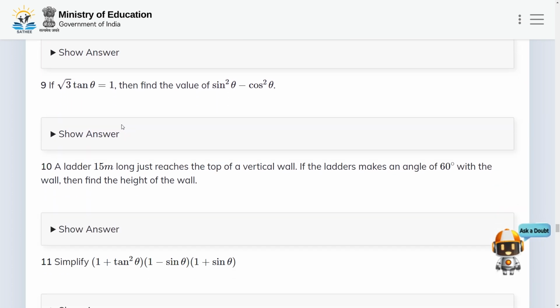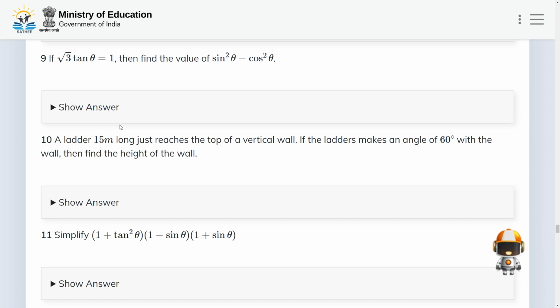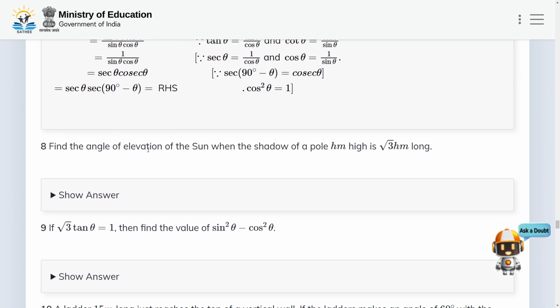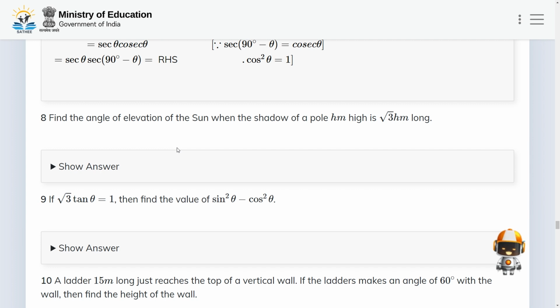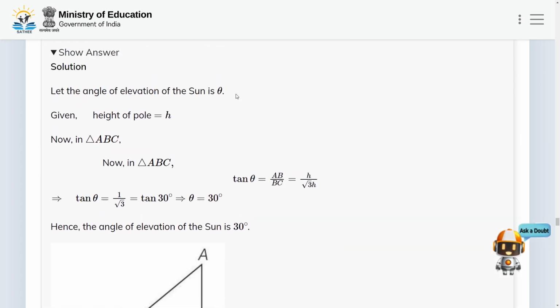And now let us solve question number 8: find the angle of elevation of the sun when the shadow of a pole h meter high is root 3 h meter long. Here the angle of elevation of the sun is theta.